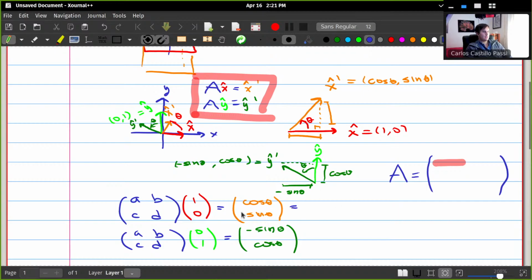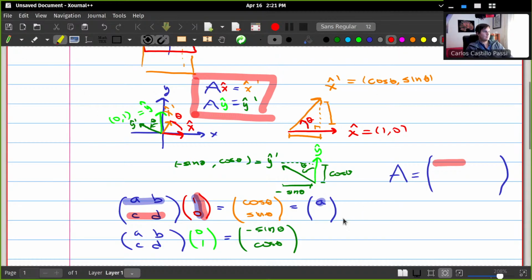So if we look at this, and we do our matrix vector product, for the first component, this will be this. So that's A. And for the second component, we have this and this.